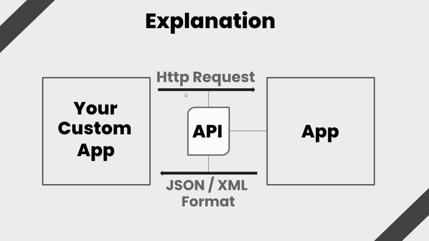But the most popular one is the JSON format. So most times when you make requests with an app and you want to use a particular service from that app, you will mostly get the response in a JSON format. So very briefly, that's what an API really is.